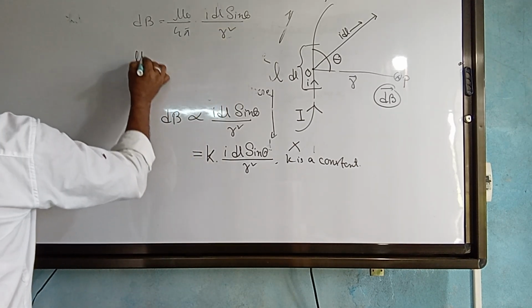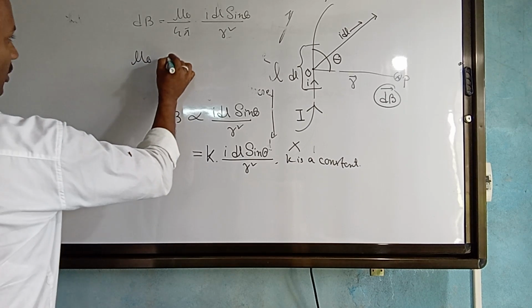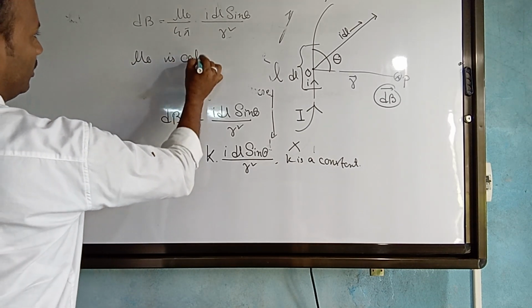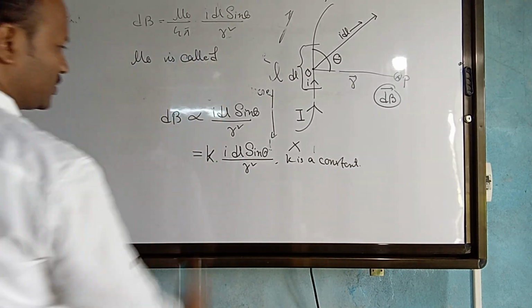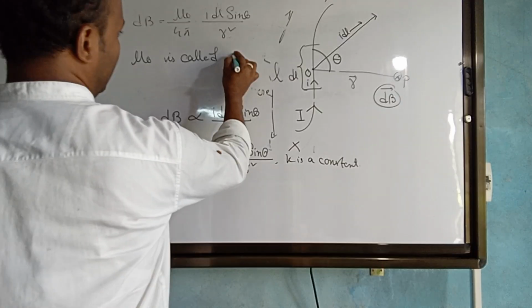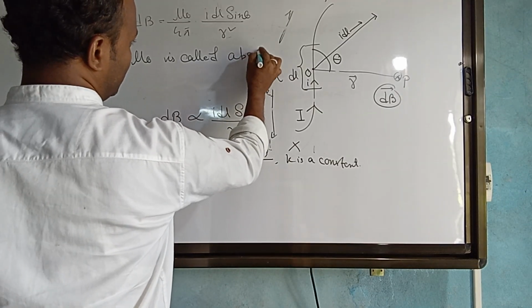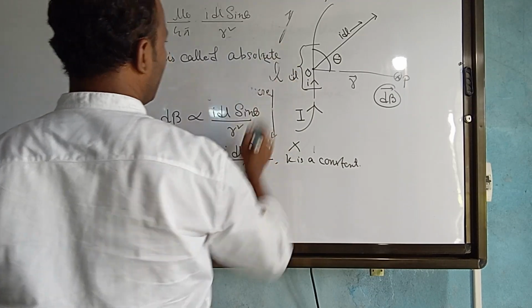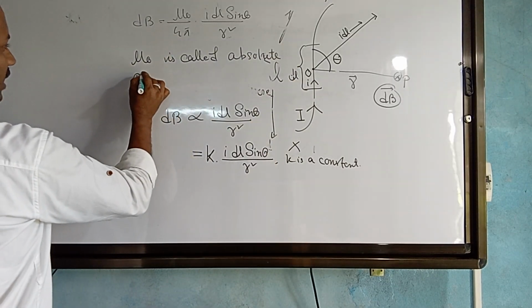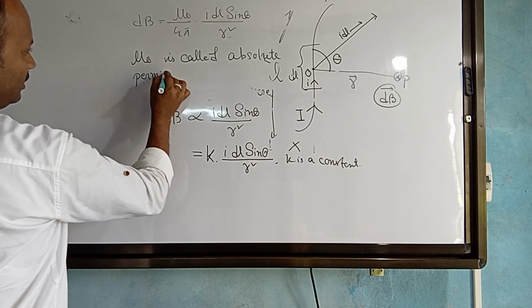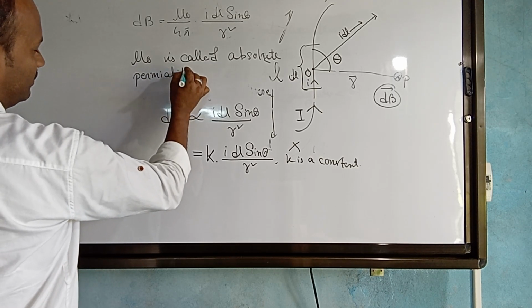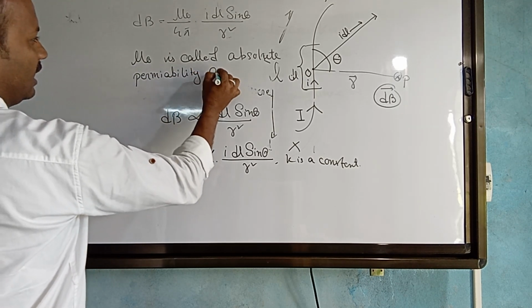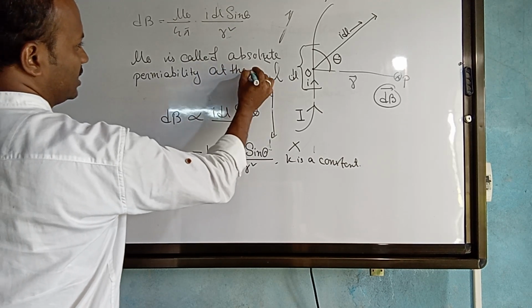What is mu naught? Mu naught is called absolute permeability, permeability at free space.